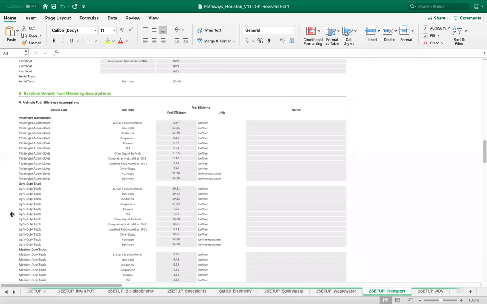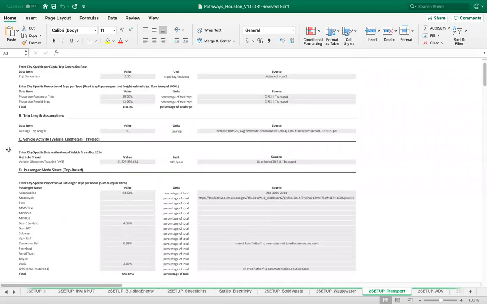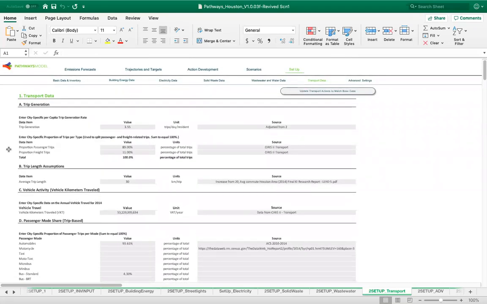And then, as you might expect, the vehicle fuel efficiency is also established for each of the different fuel types, so that we can really build up the fuel use of that fleet based upon how far people are traveling and the different modes that they're taking. So all of this is used to set up the model, if you will.